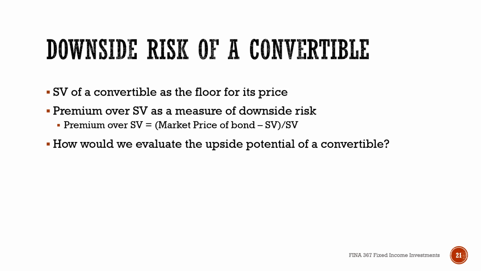You would need to know what's going on in the stock market, the development of the stock market, and the operation of the firm specifically. That's all out of the scope of this class, so that's all you need to know in this regard. Now you can turn to example 6 and try to calculate the premium over the straight value by yourself. That should be very straightforward, so I leave it to you.